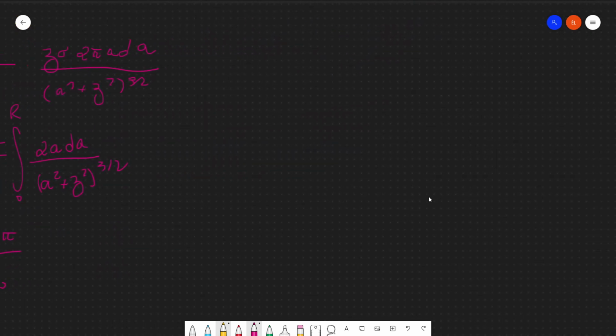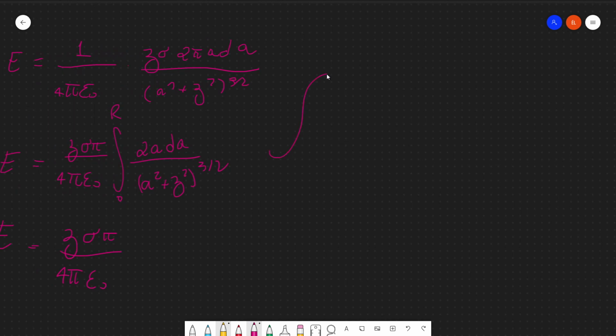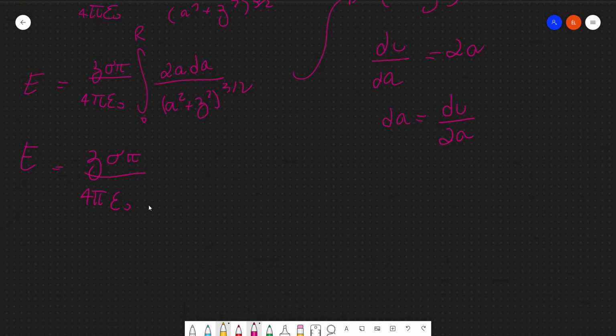And this integral here, you want to do by substitution. So we're going to call A squared plus Z squared u, and if we do du/dA, we find 2A. Now we can say that dA equals du over 2A, and then we can plug it into our original function.